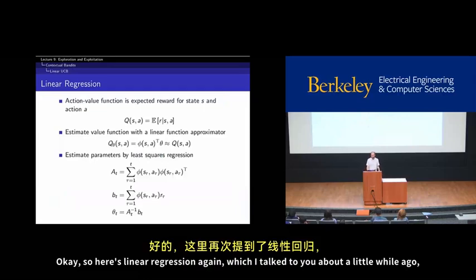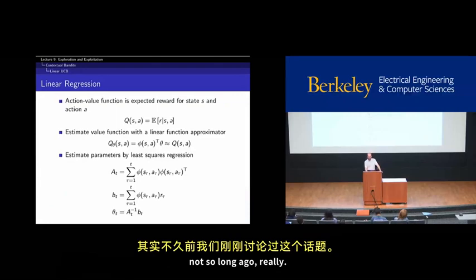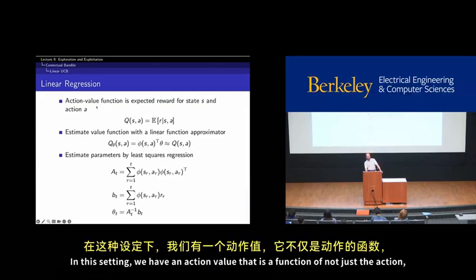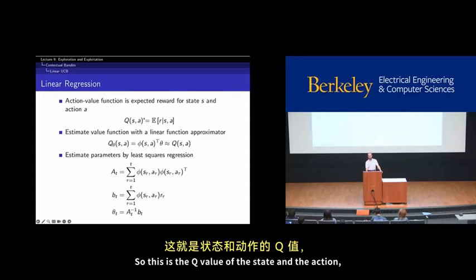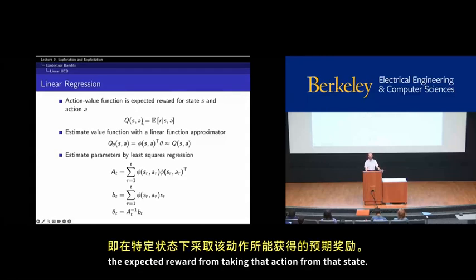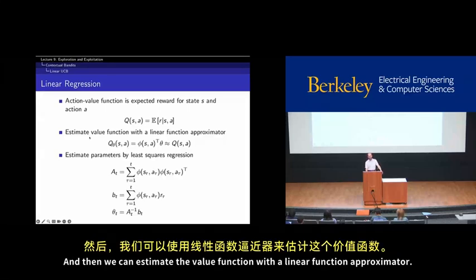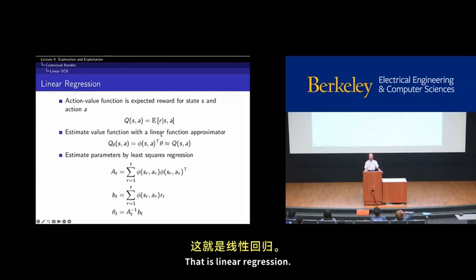Okay, so here's linear regression again, which I talked to you about not so long ago, really. In this setting, we have an action value that is a function of not just the action, but also the state. So this is the Q value of the state and the action, the expected reward from taking that action from that state. And then we can estimate the value function with a linear function approximator, that is linear regression.